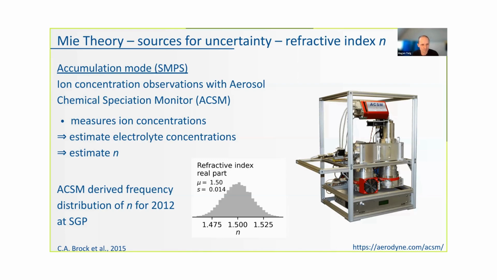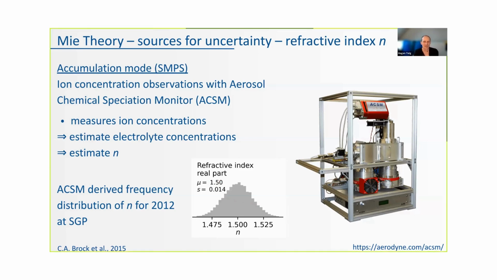The ACSM is measuring ion concentrations, and you can use those to estimate electrolyte concentrations, and you can use those to estimate your refractive index, just the real part though. We did that for a year's worth of data, and then looked at what the variability, the probability distribution looks like. It is shown down here, which is a normal distribution that is centered around 1.5.